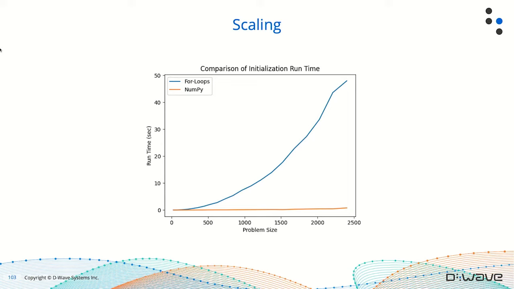If you looked at this on the number partitioning problem, the y-axis only went up to maybe 3.5 seconds, whereas this one is going up to 50 seconds to run a problem with 2,500 binary variables. So again, just think of the cost savings, the time savings, in building up your binary quadratic model by using NumPy rather than using those for loops as your problem gets large.